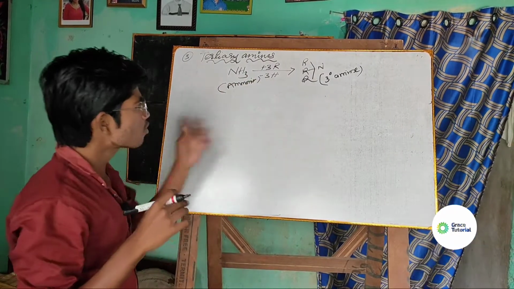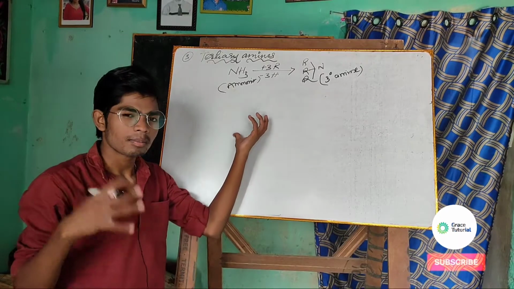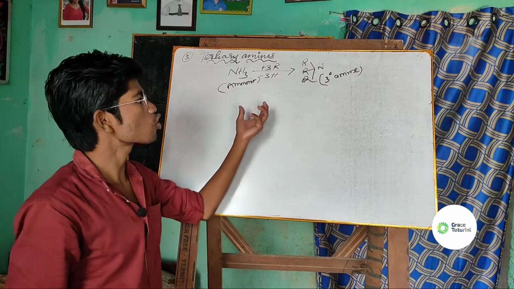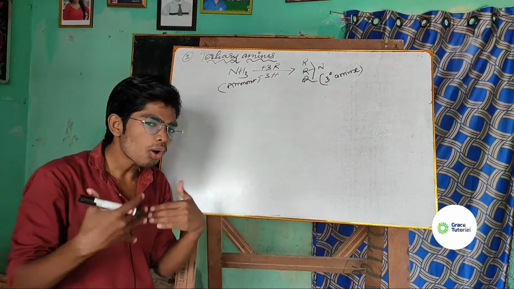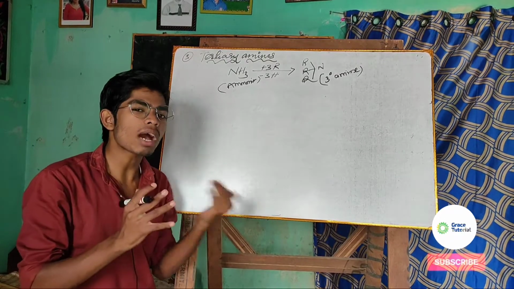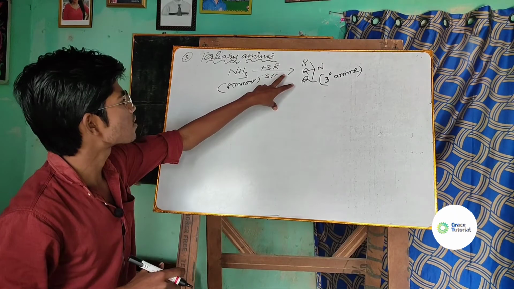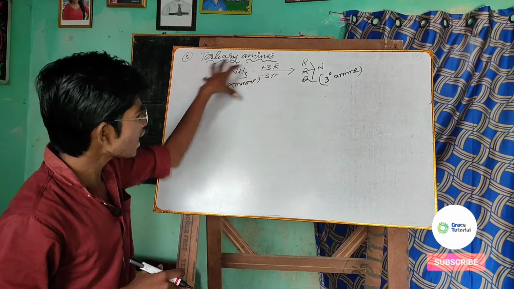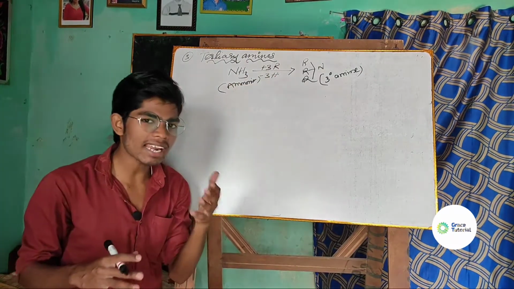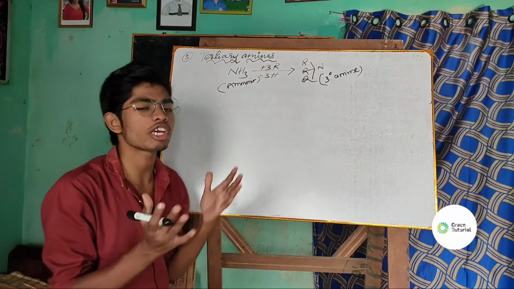So if one hydrogen is replaced by one alkyl group, then that is called the primary. If two hydrogen atoms are replaced by the two alkyl groups, that is secondary. Similarly, if three hydrogen atoms are replaced by the three alkyl groups, then that is called the tertiary amine.